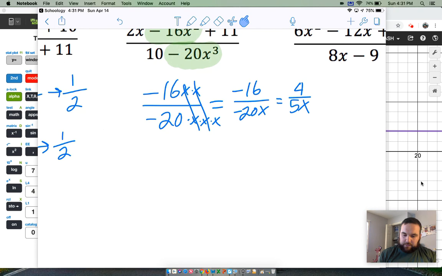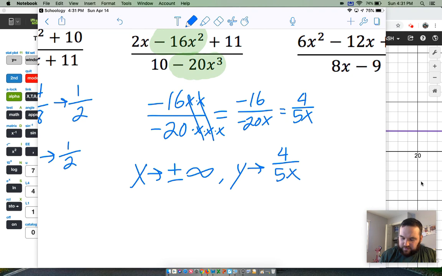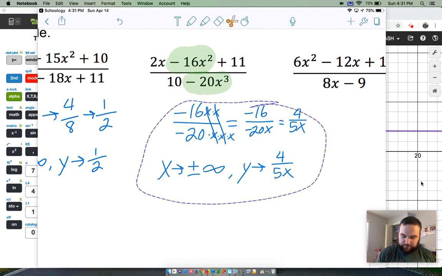So one way you could write this is, as x approaches positive or negative infinity, y is approaching 4 over 5x. That's its end behavior. We'll talk about what that actually means for the asymptotes in just a minute. But again, if we're talking strictly end behavior, we can write it just like that for now.